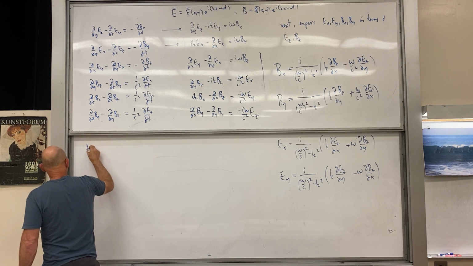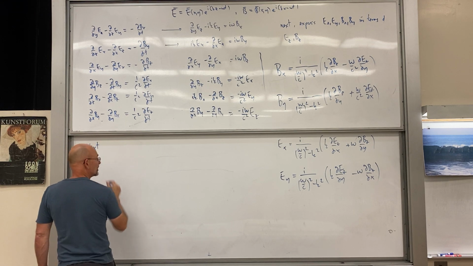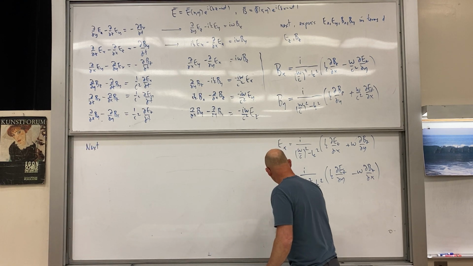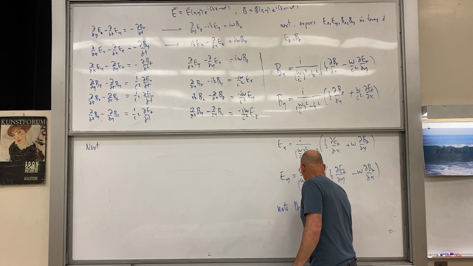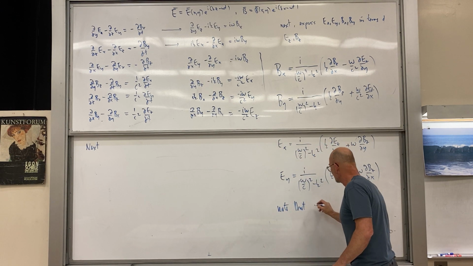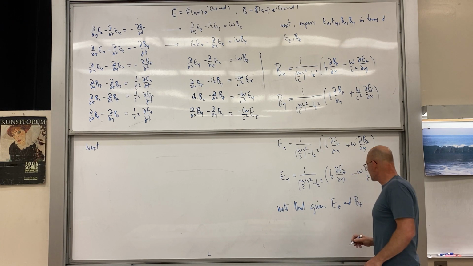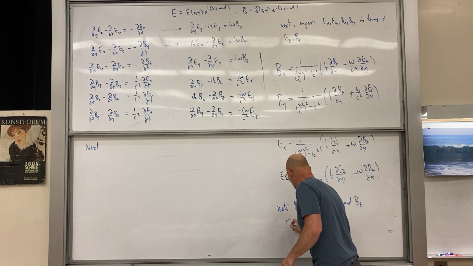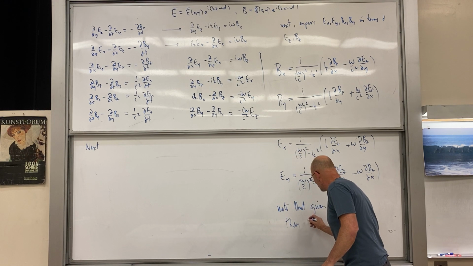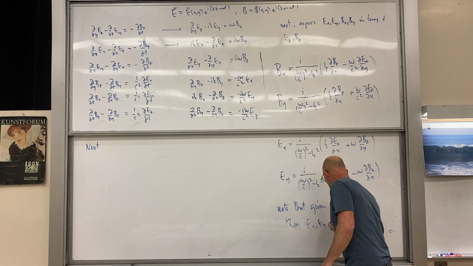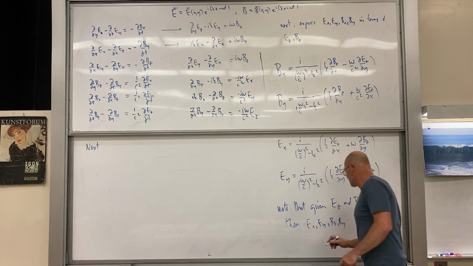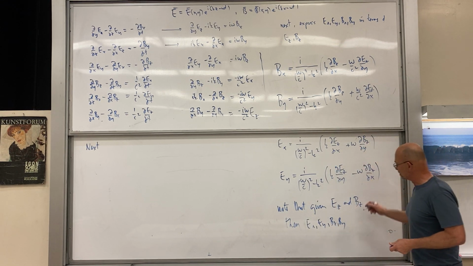So next, I should put that as a note here, just for the record. Note that given E sub z and B sub z, if we can solve for those, then Ex, Ey, Bx, By are obtainable by differentiation.